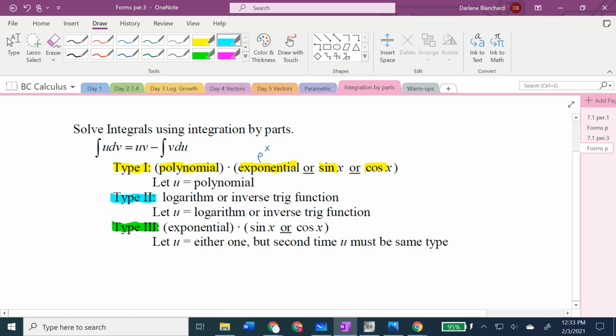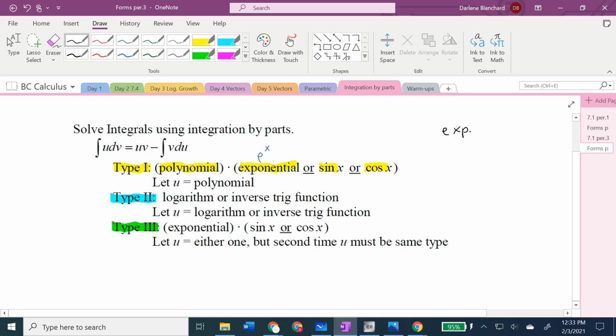If you see an inverse transcendental. Now, transcendental functions are the functions that, quote, transcend algebra. Algebra involves polynomials and roots and fractions. So exponential functions are transcendental.